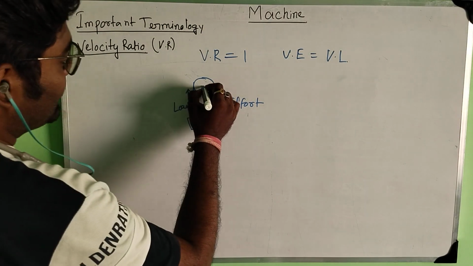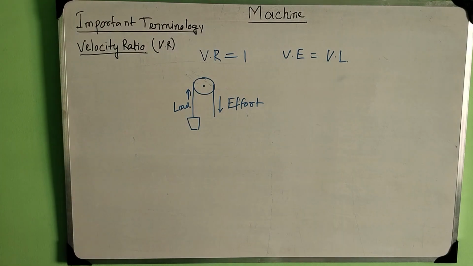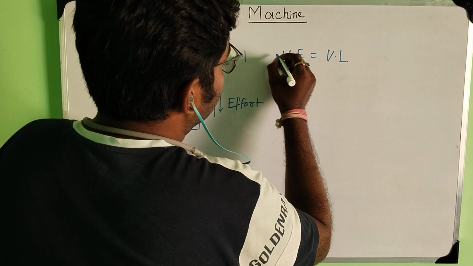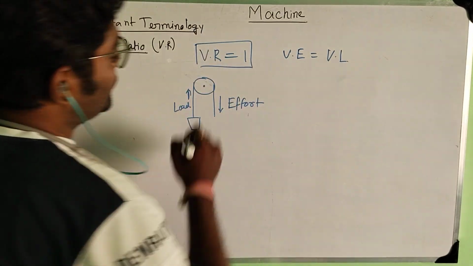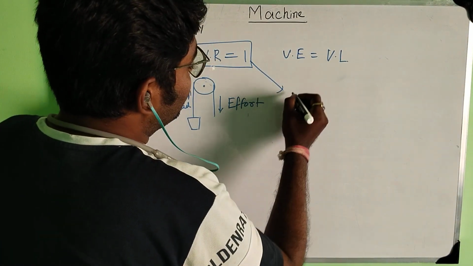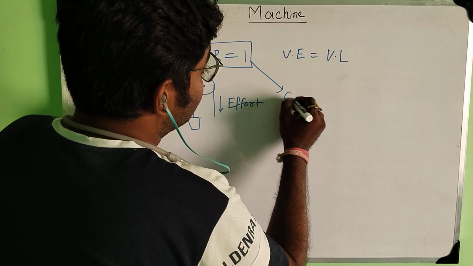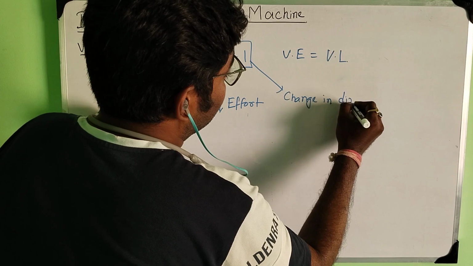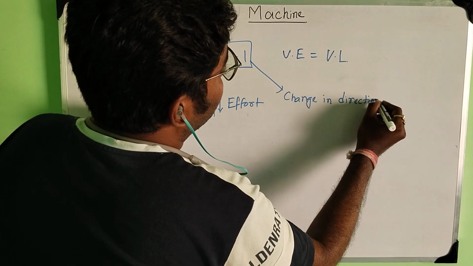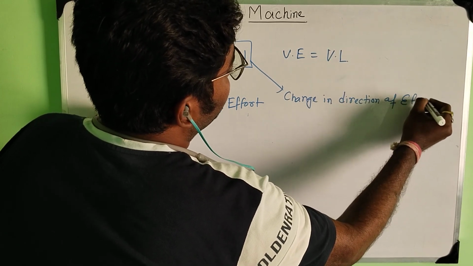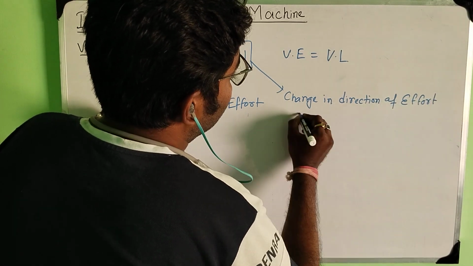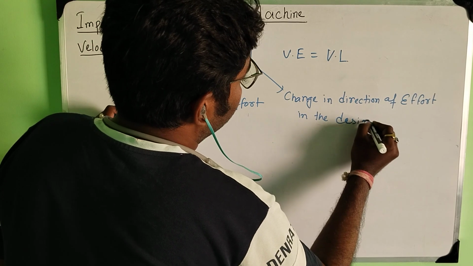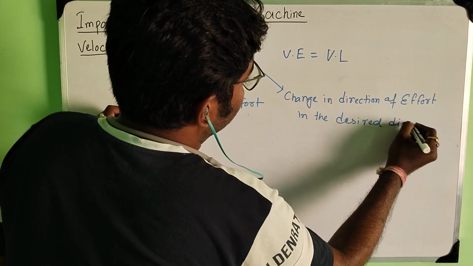In case of a pulley, the velocity of the effort is equal to the velocity of the load, and if the velocity ratio is equal to 1, this will act as a change in direction of effort in the desired direction.